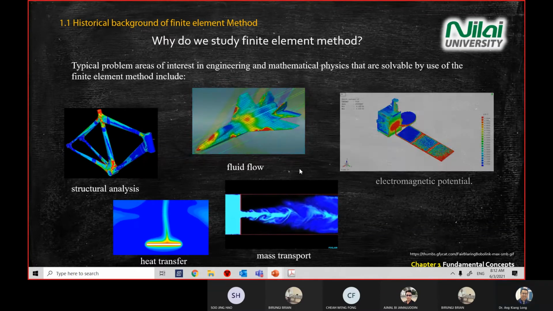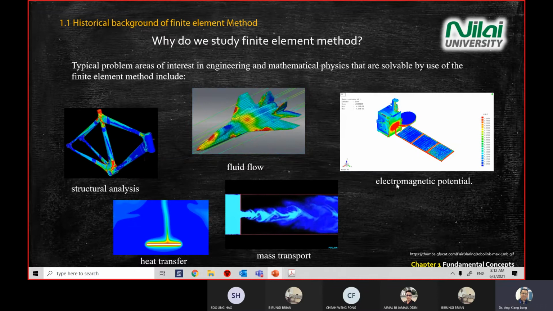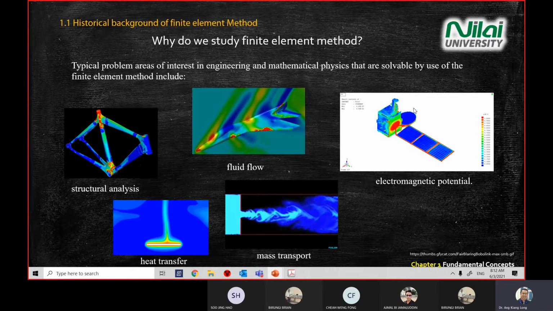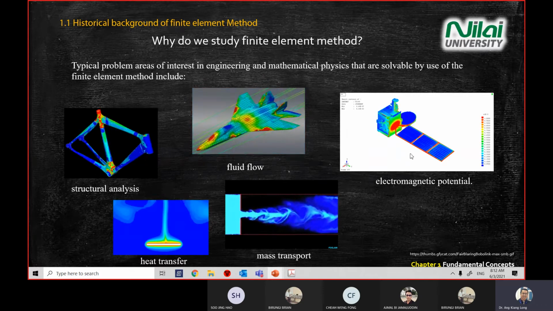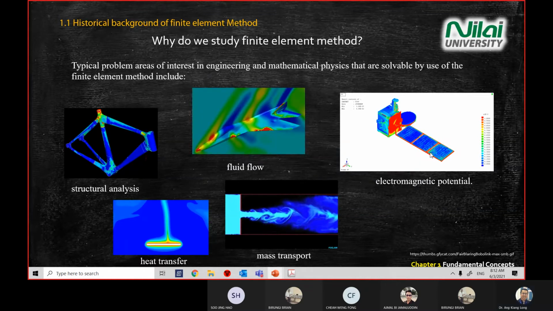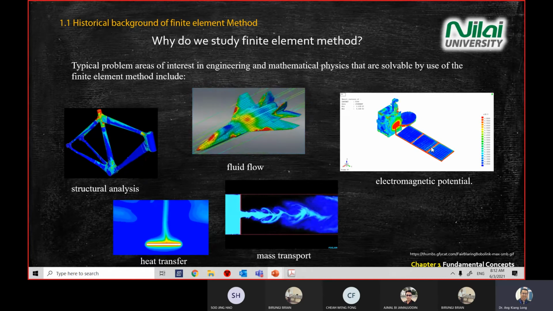All right. And another one is electromagnetic potential. All right, electromagnetic. This one is more on the electrical. However, finite element method also can be used to see the behavior of the electromagnetic wave that is generated through the initiation of your power in the devices.